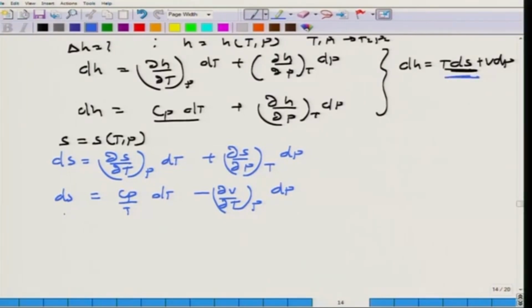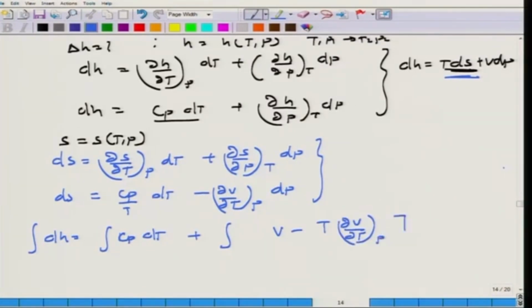Finally, if we make use of this expression we get dH, and integrating it gives the integral of Cp dT plus the integral of V minus T times del V by del T at constant P dP. This first integral is from T1 to T2, and this one is from P1 to P2, and this is going to be your delta H, H2 minus H1.